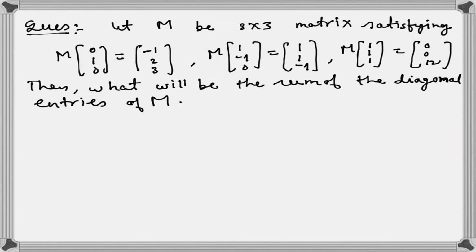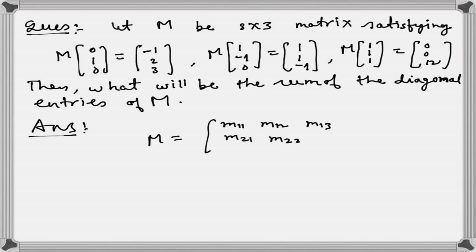So let's solve this problem. Okay, so suppose M is given by M11, M12, M13, M21, M22, M23, M31, M32, M33.